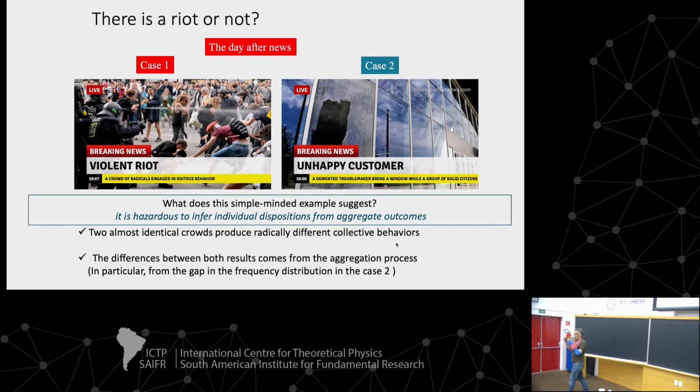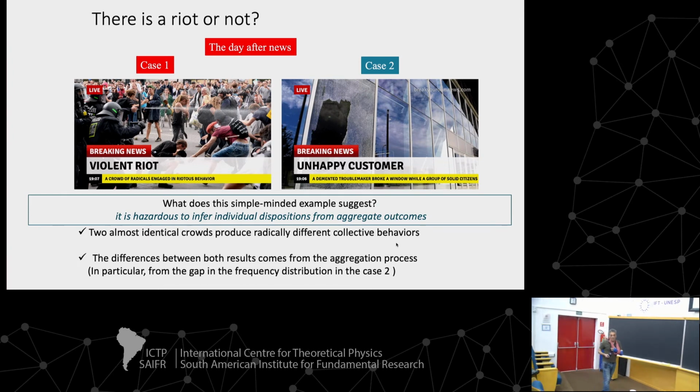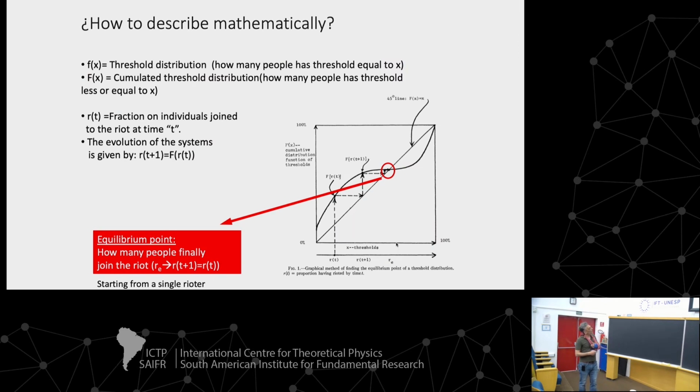Can we theoretically approach this problem? Can we mathematically describe that? What Granovetter did in his paper was describe this in terms of the threshold distribution. I mean, how many people have a threshold x? The relevant quantity here is the cumulative threshold distribution, because it tells us how many people have a threshold less than or equal to x.